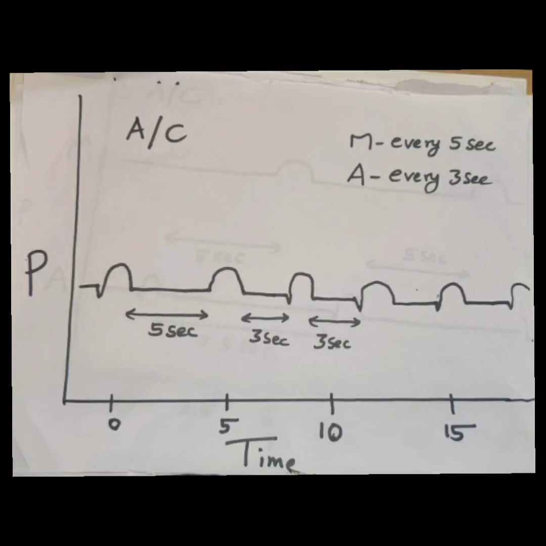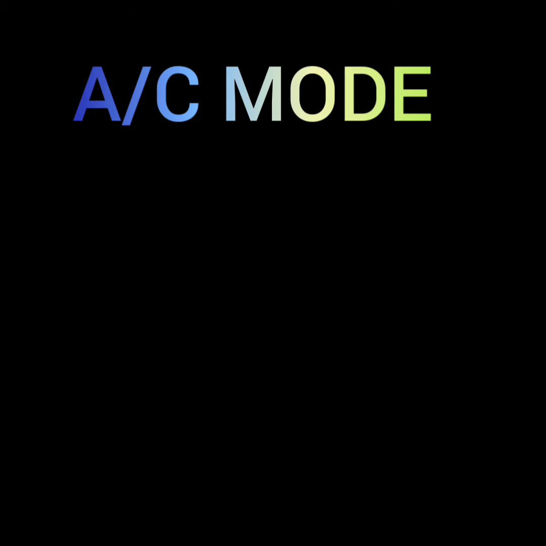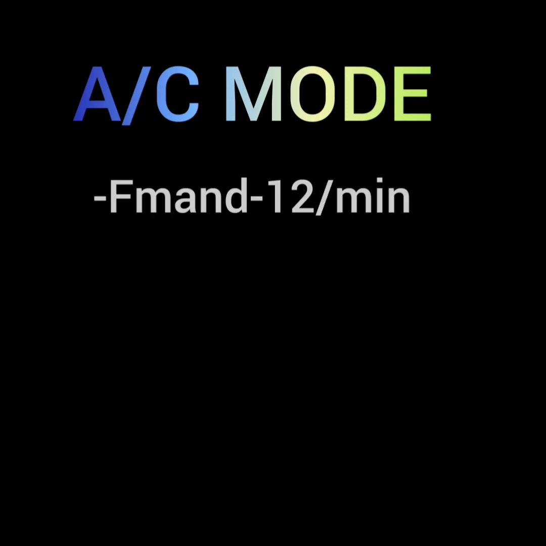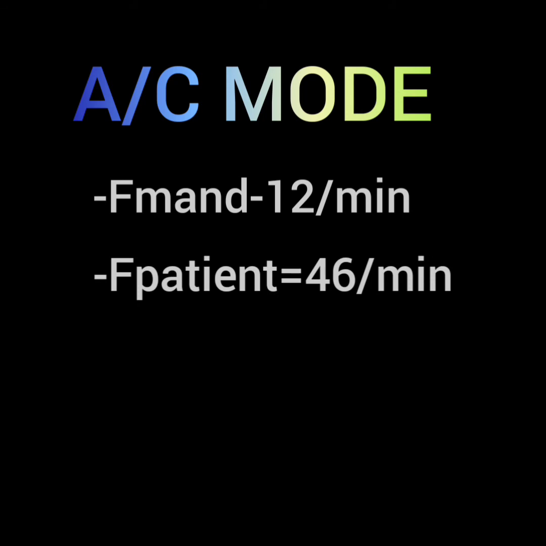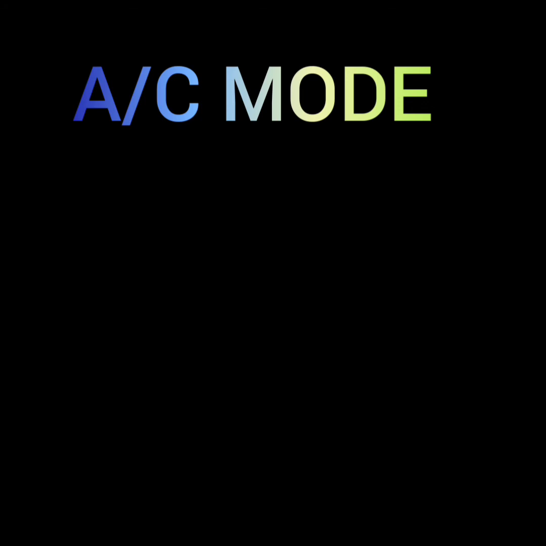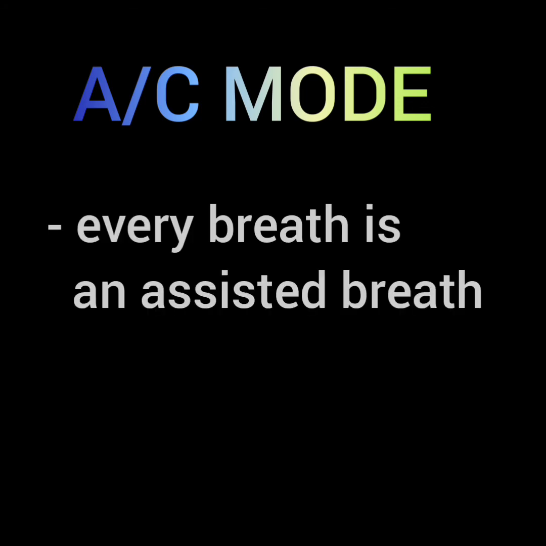And one more example: if the mandatory rate is kept at 12 per minute and the patient is breathing at 46 per minute, then what will happen? As the patient has a higher rate than the mandatory rate, every breath is an assisted breath. So the patient will get 46 assisted breaths and no mandatory breath.